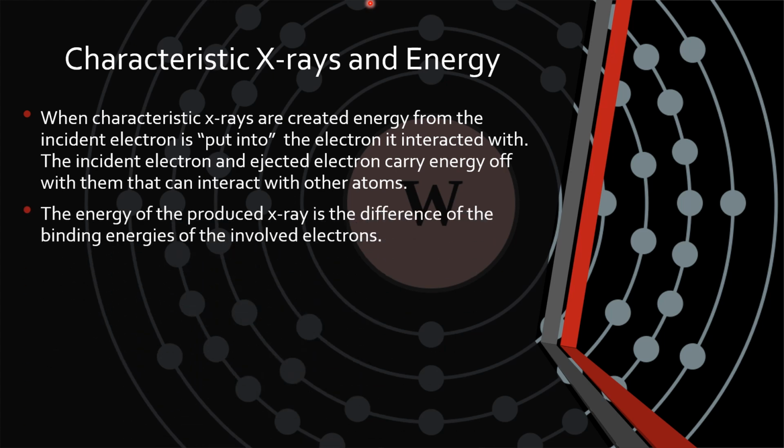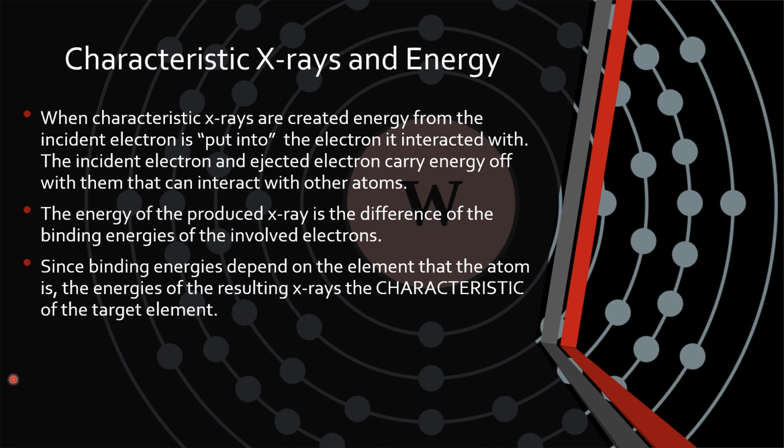The energy of the produced X-ray is the difference in the binding energies of the involved electrons. So the binding energy of the ejected electron, and the energy of the electron that fills in the hole, will determine the energy of the produced X-ray.